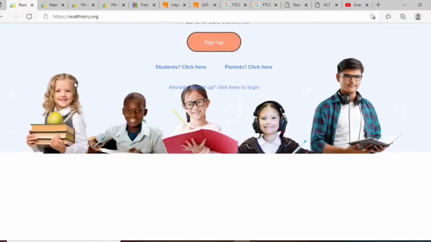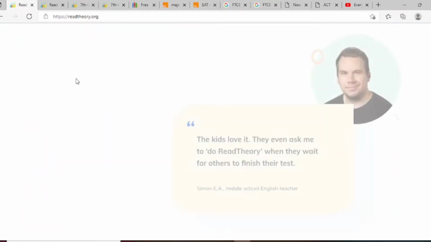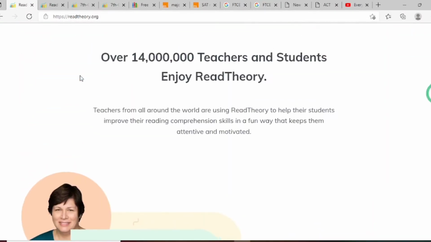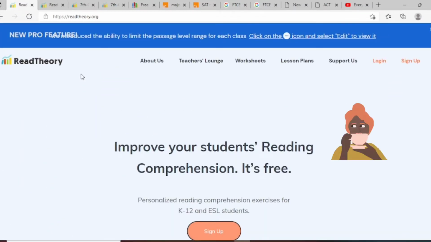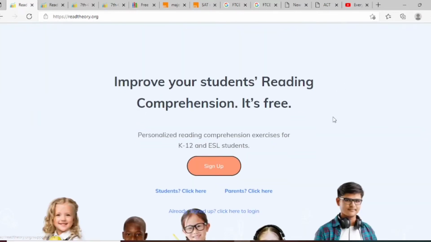The first resource I'm gonna tell you about is Read Theory, not reading theory. Now, you're gonna have to create an account. I would say create a parent account because it's much better than the student account because you get access to the passages.